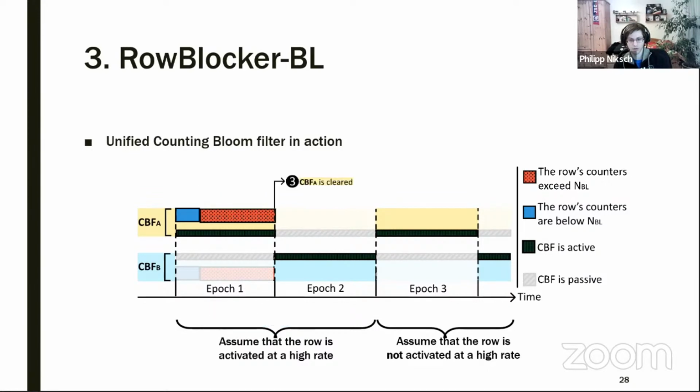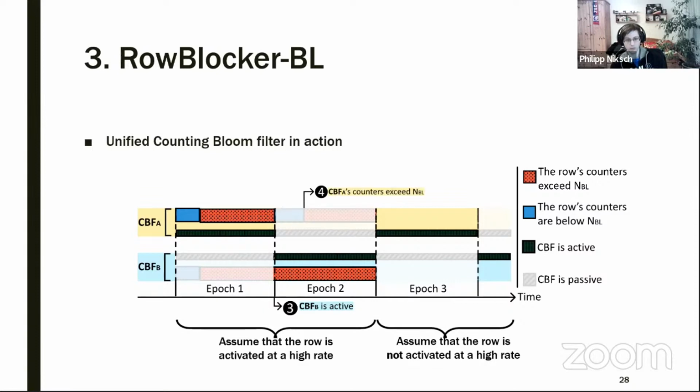At the beginning of epoch 2, CBFA gets cleared, and CBFB becomes the active filter for the next time window. Since CBFB knows the high activation rate during the first epoch, it keeps the row blacklisted for the entirety of its epoch.